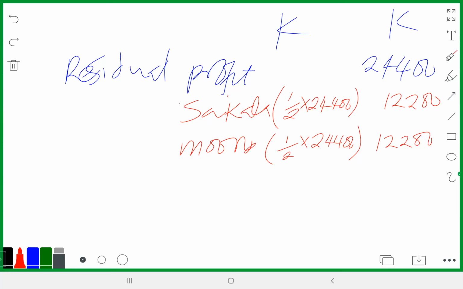Once you subtract all these from the residual profit, you should get 0. Or ideally, if you add them, you should find 24,400, which is the same figure that we found on top.